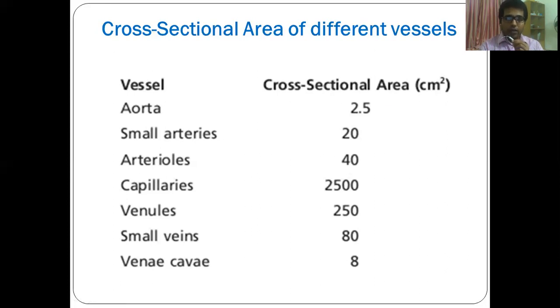Okay, so that is very important. If you have the idea of the total cross-sectional area of the different vessels, then it will be easy for you to understand where the velocity will increase and where the velocity will be less.